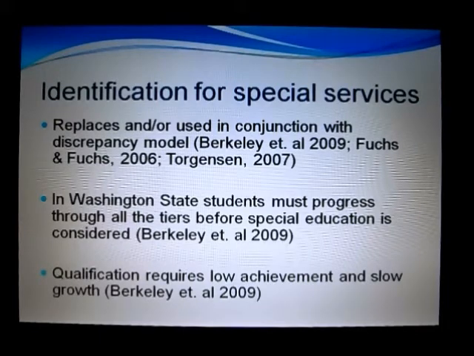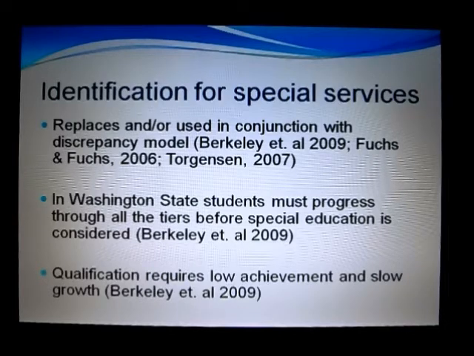Our last slide, I believe, talks about identification for special services and how it can either replace, in some states, and or be used in conjunction with the discrepancy model.